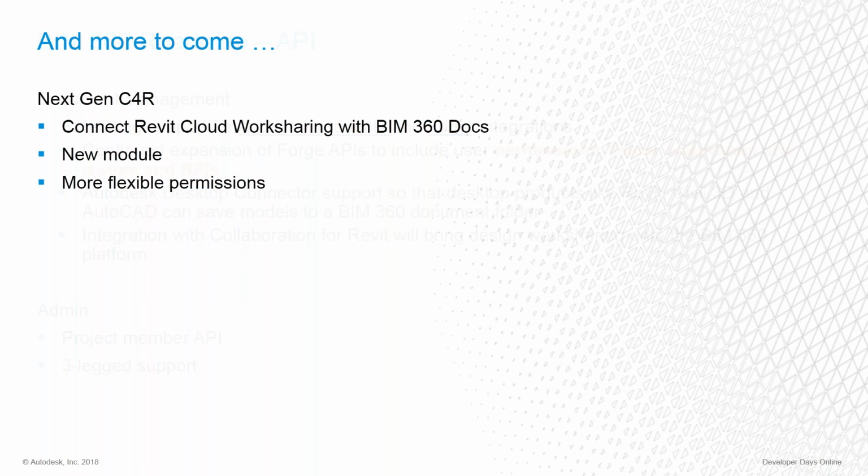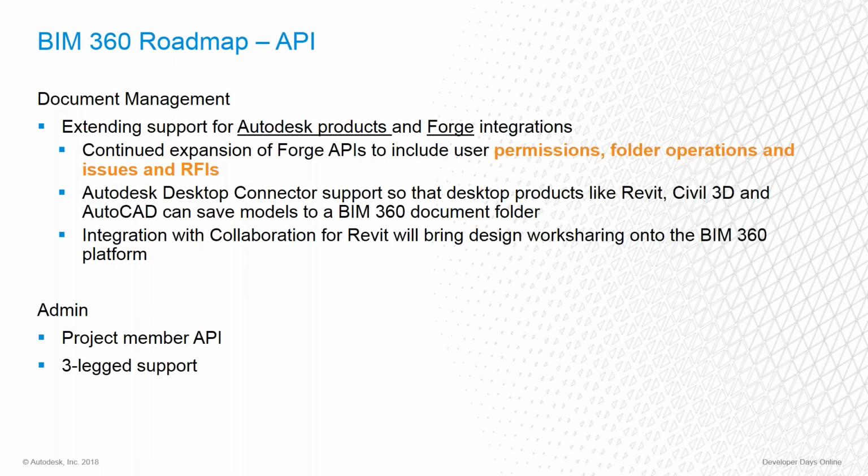And then the roadmap for APIs. There is a roadmap already published on a public page, as I pointed out, and I just took an excerpt from there. So on the document management side, we'll be extending support for Autodesk products and Forge.